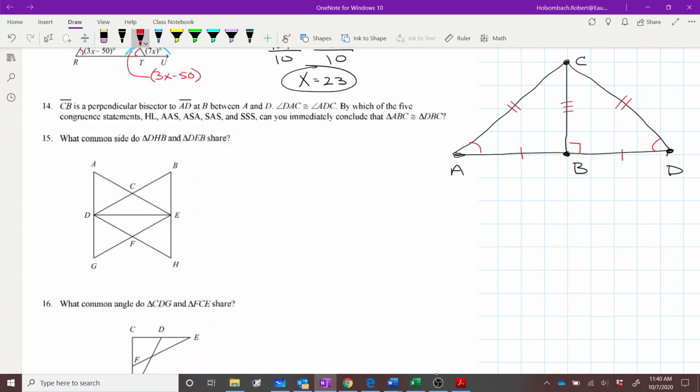So which of the five congruence statements, hypotenuse leg, angle angle side, angle side angle, side angle side, and side side side, can you immediately conclude that ABC is congruent to DBC?